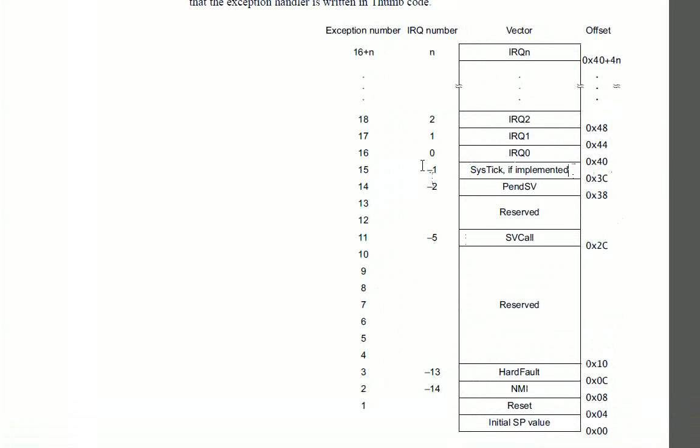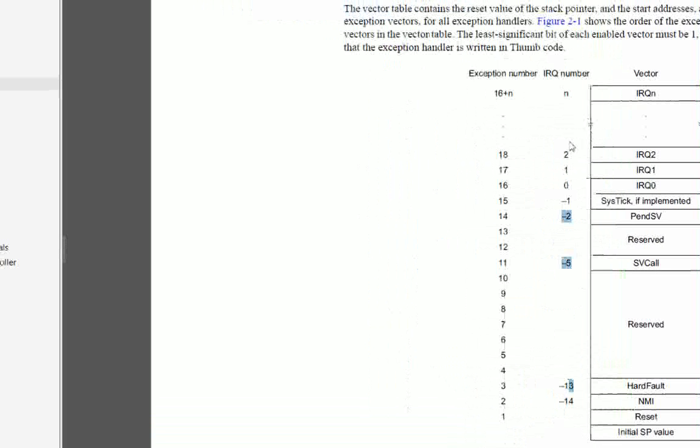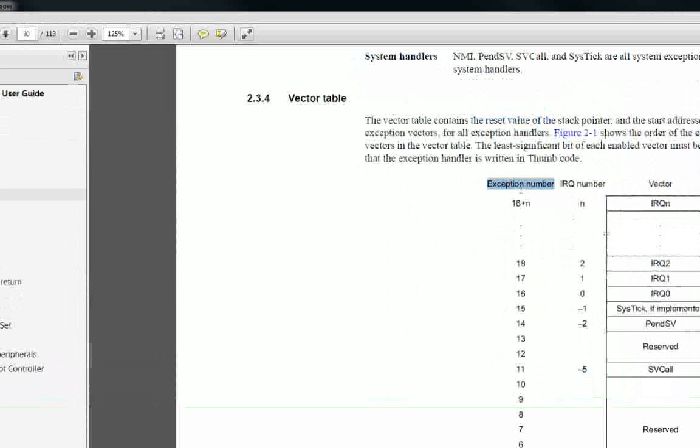Now, you notice this thing called IRQ number. They assign negative values, just to indicate that it's internal to the chip. But then they also have this thing called exception number or vector number. Starting at the peripheral exceptions, IRQ numbers are simply 16 less than exception numbers, to differentiate what's a peripheral.